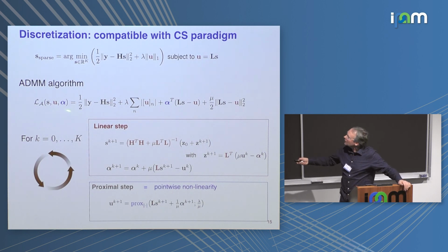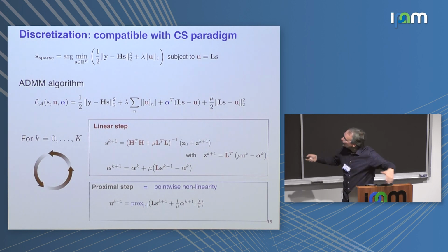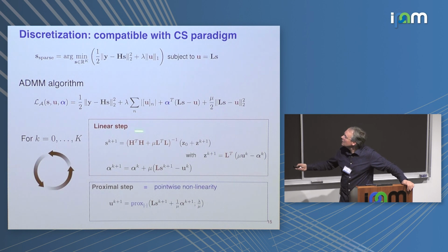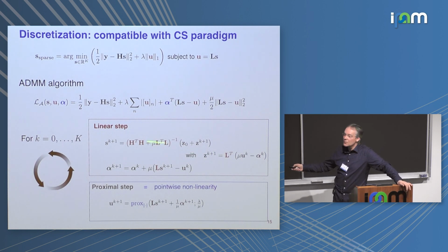If you write this down and apply the ADMM algorithm, it's a very simple algorithm that just alternates. First, given U and alpha, some initial guess of the decoupled version of the signal and some Lagrange parameters, it will estimate S. If you do the math, you see that it's a linear problem, and if you remember my Tikhonov slide, it's exactly the same operator.